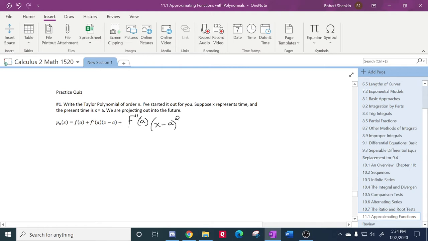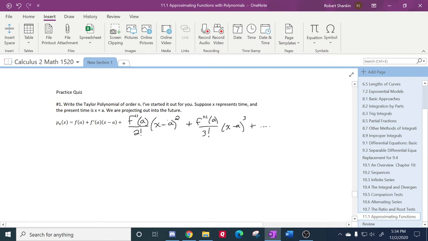But this is less important than this. They get progressively less important. This one was really divided by 0 factorial, which is 1, divided by 1 factorial, divided by 2 factorial. Third derivative, evaluated at a, over 3 factorial, times x minus a cubed, plus... Keeps going, following the pattern.